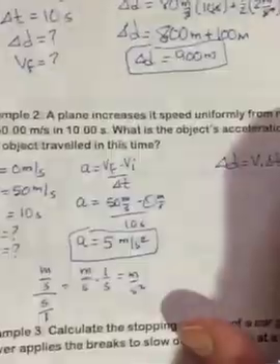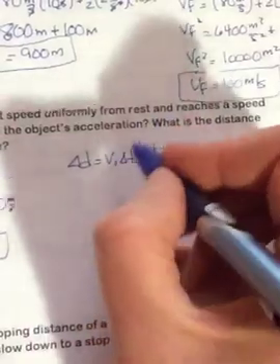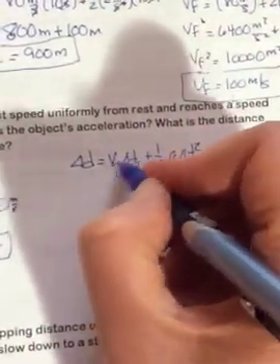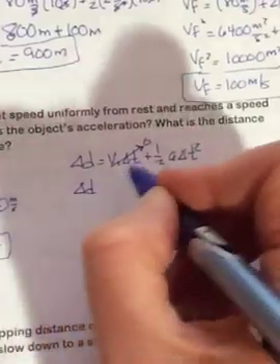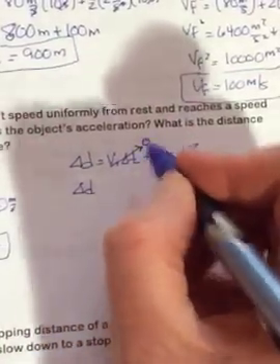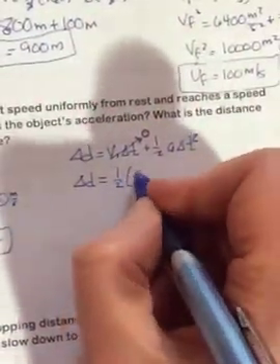VI is 0, and if VI is 0, then this whole term will be 0, right? Because 0 times delta T will still be 0, so this whole term disappears. And you could put a line through it just like that with a 0 here. And so that'll be equal to 1/2. The A you just found was 5 meters per second squared.